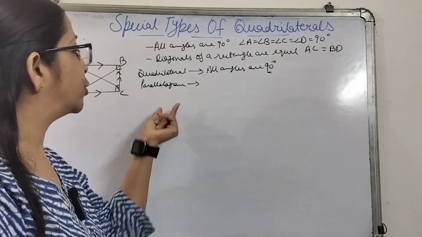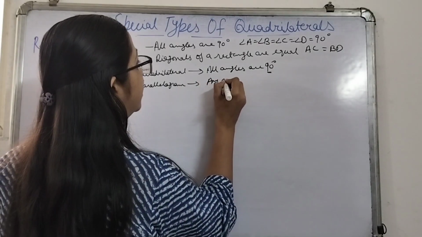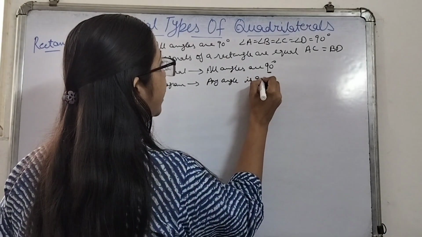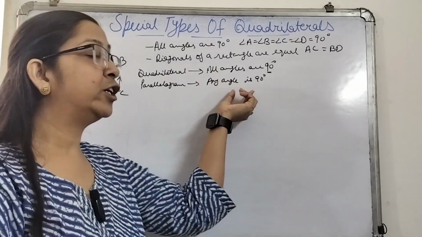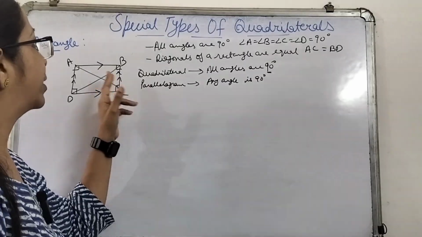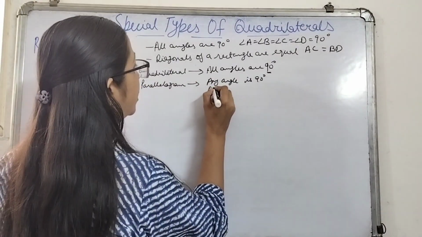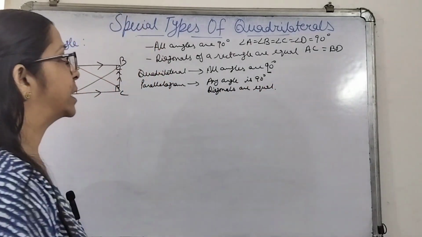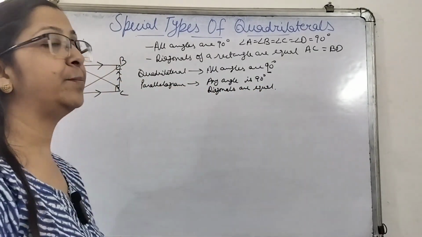So what we need to prove is that any one angle out of these four is 90 degrees. If we can prove this, then we can say that the given parallelogram is a rectangle. Along with that, if we can prove that the diagonals are equal in the given parallelogram, then also we can conclude that it is a rectangle.